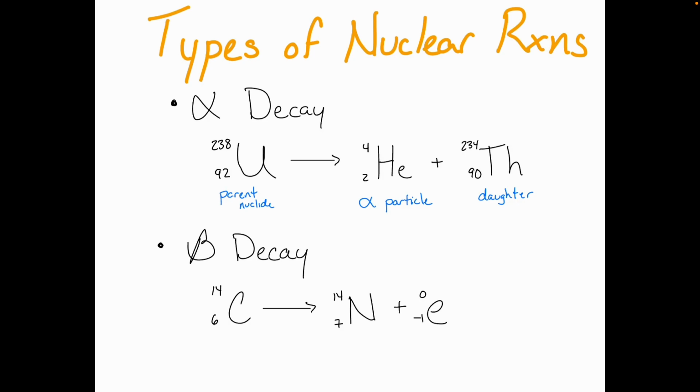So the signature of these beta, so I guess first of all, this is what we call the parent. The nitrogen here would be the daughter. And the electron is my beta particle.